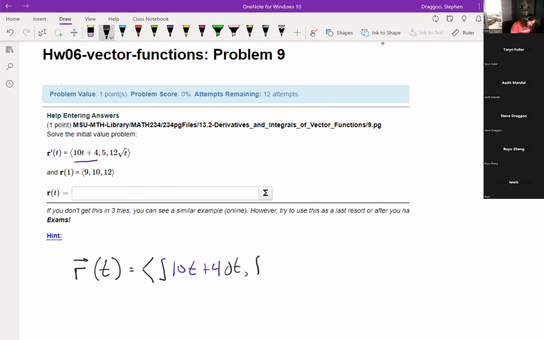The y component, I need the integral of 5, our y component, dt. And then an integral of the z component, the integral of 12 root t, dt. And see what that thing is equal to.